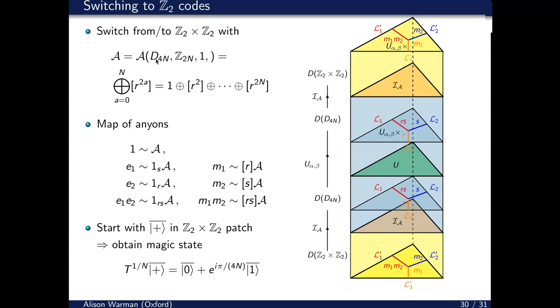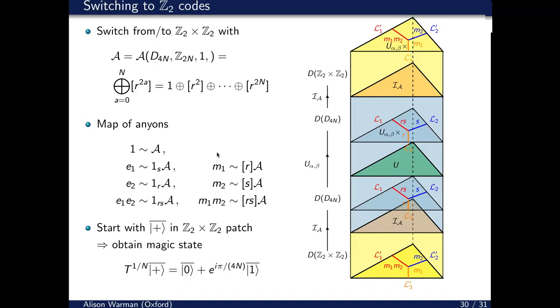Now, how can we do this? So remember that condensable algebras are labeled by these subgroups, and then here we take trivial cocycle data. And we can consider a condensable algebra where we're basically trivializing the subgroup generated by R squared, so this Z_2n subgroup. So this means that we can go to Z2 as follows.